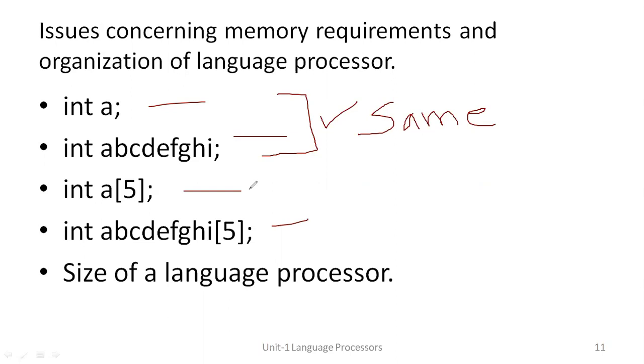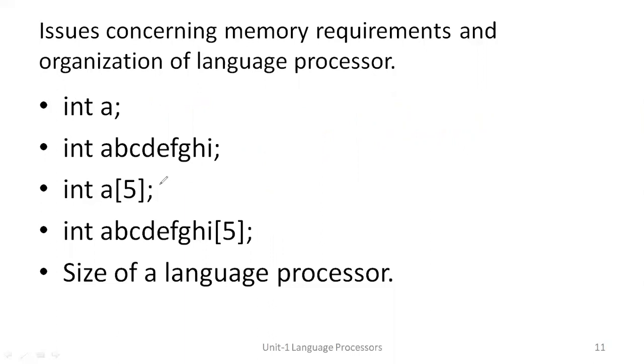Now here we have one more example: int A[5] and int ABCDEFGHI[5]. Both need the same memory. Why? The name A and the name ABCDEFGHI each take only one place of memory. But if you write 5 in brackets, its length becomes 5.